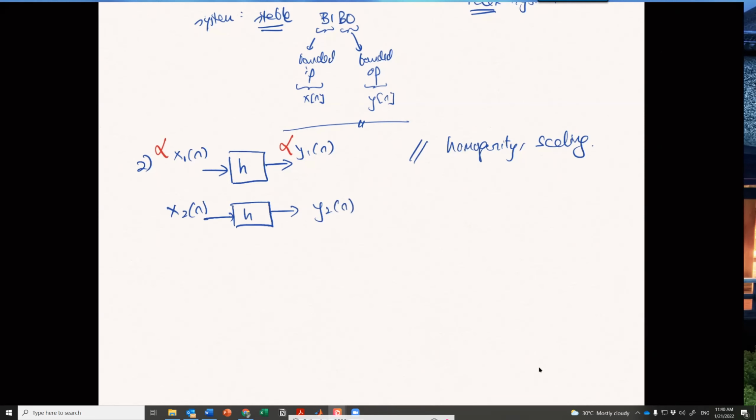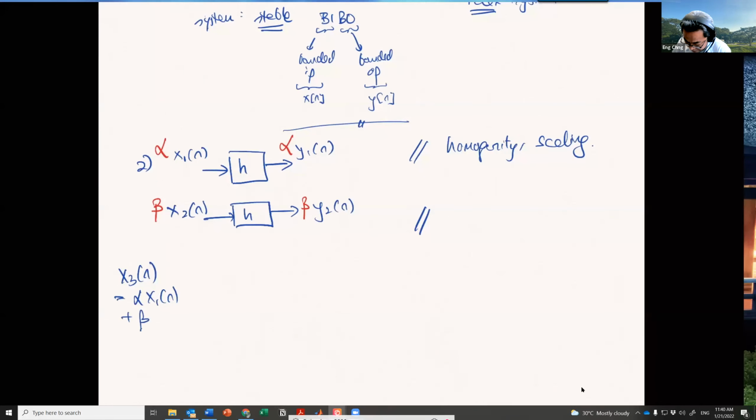Now, again, homogeneity means if I multiply x2 by beta, the output is also multiplied by beta. Now the second property is the additive property, meaning that if x3 of n is equal to alpha x1 of n plus beta x2 of n, then what is y3 of n?